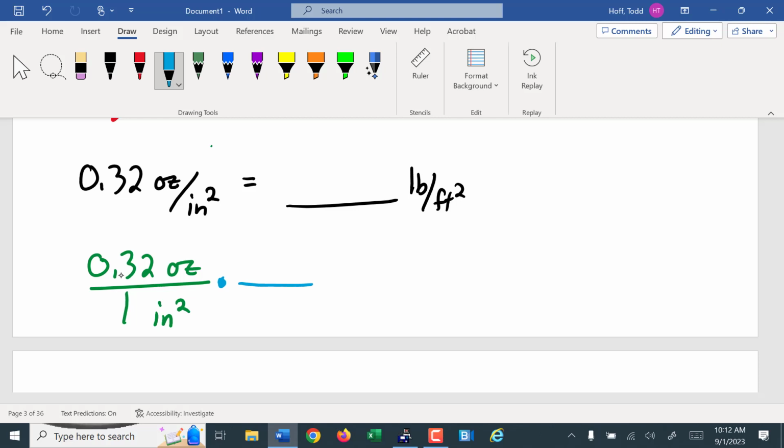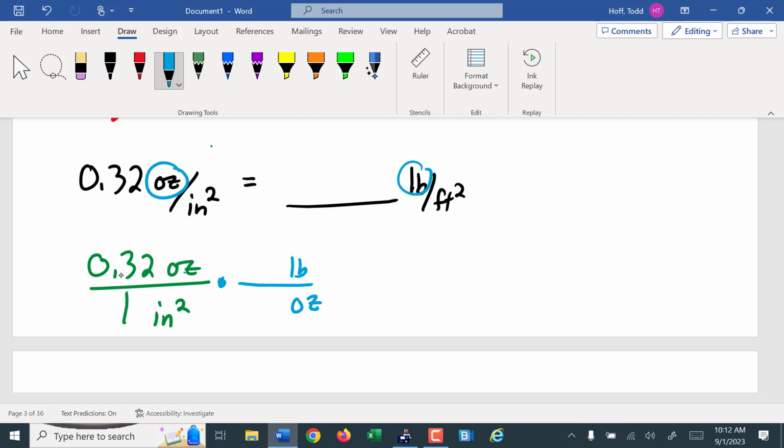Now, it doesn't matter whether you get rid of the ounces first or the square inches first. I'm used to just starting with whatever unit's on top and changing that one first. So to get rid of ounces, where am I going to put it in the conversion factor? On bottom. We're changing it to what? Pounds. Ounces were on top. Pounds are what we want on top.